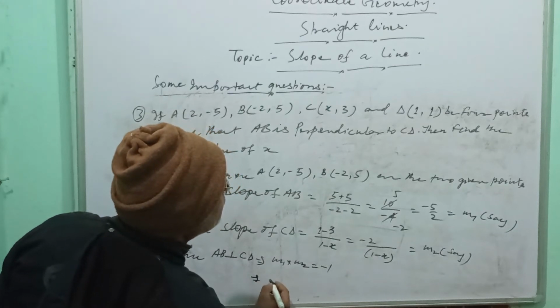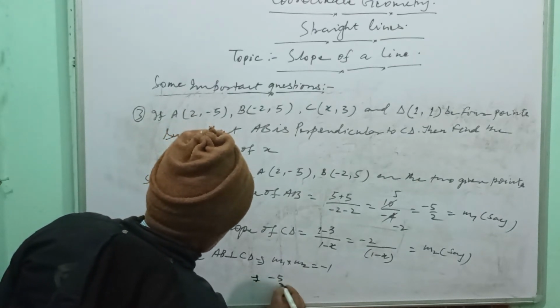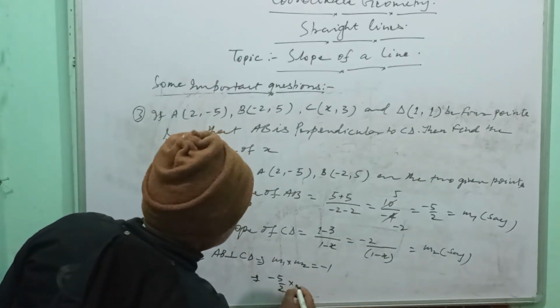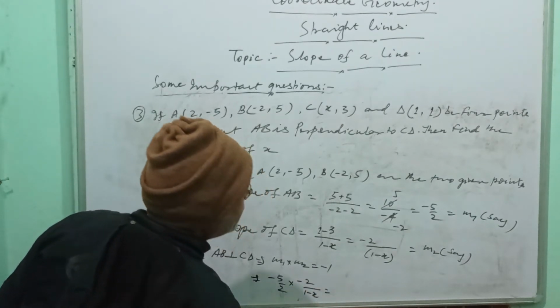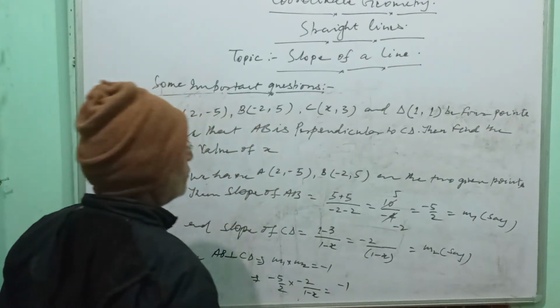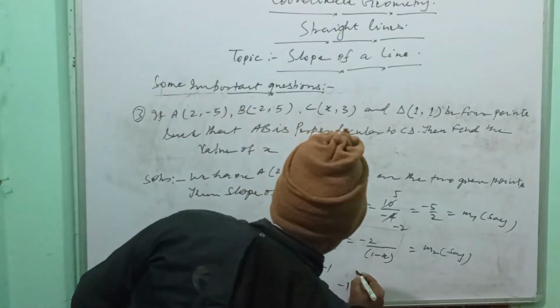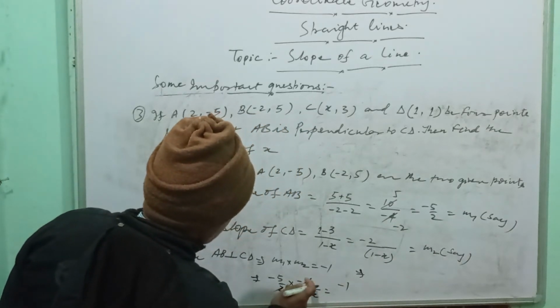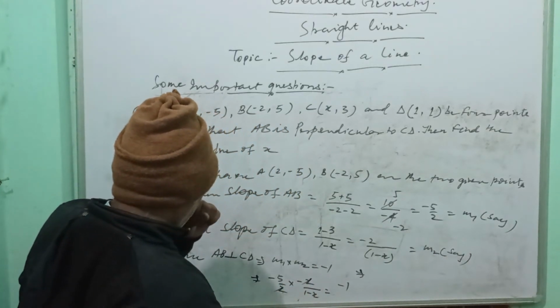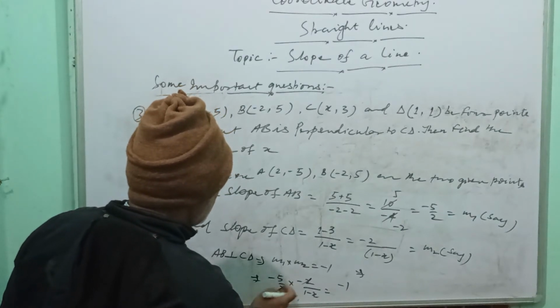This implies minus 5/2 into minus 2 by 1 minus x is equal to minus 1. This implies 2 cancels out.